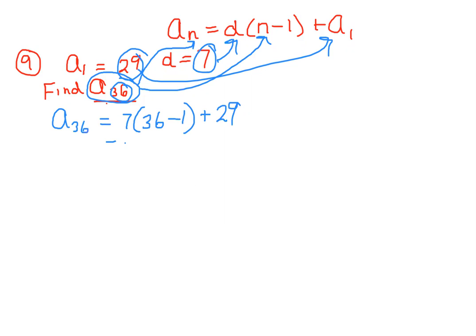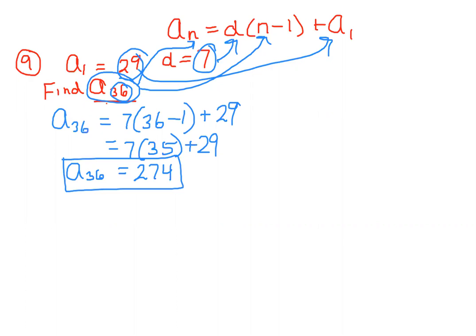So we've got 7 times 35 plus 29, and we can know that A36 equals 274. All right, so you see how that's different from what it was asking us in the problems right before? It actually asked us for the rule and then find a term. Here, all we're looking for is the term, so we don't need to necessarily find the rule. You can if you want, but you don't have to.